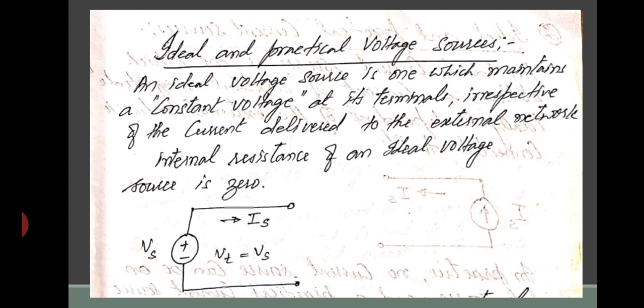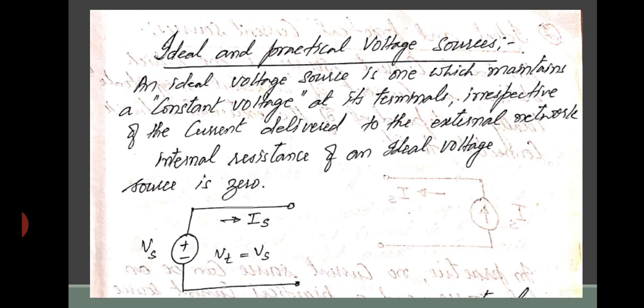An ideal voltage source is one which maintains a constant voltage at its terminal, irrespective of the current delivered to the external network. The internal resistance of an ideal voltage source is zero. You can see the diagram with respect to the source, where capital V suffix small s and the polarities are shown.